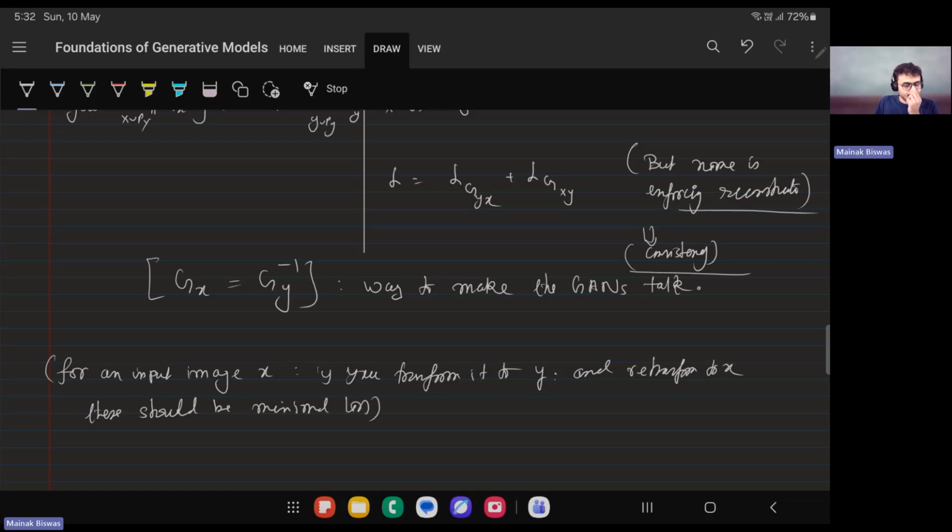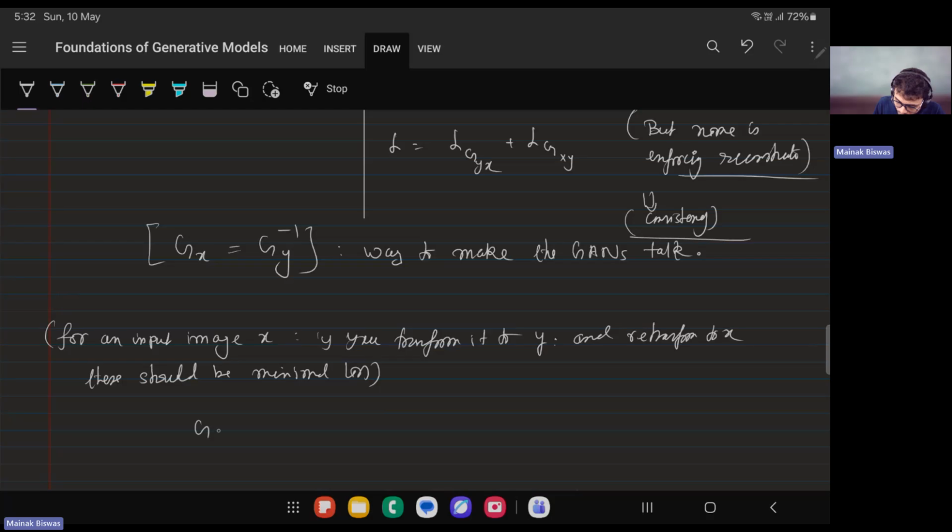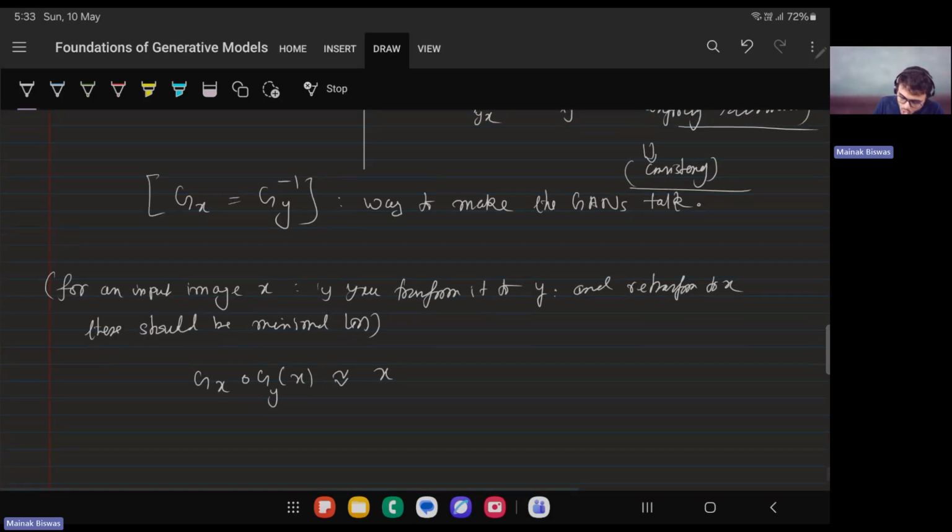This is the idea. So gx of gy of x should be approximately equal to x, right? Therefore, we will introduce two losses: the expected value of gx of gy of x minus x, where x is sampled from px.